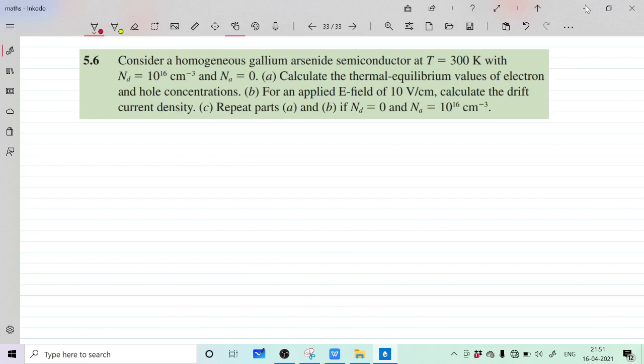First of all, we will write the thermal equilibrium majority carrier concentration of N type semiconductor.